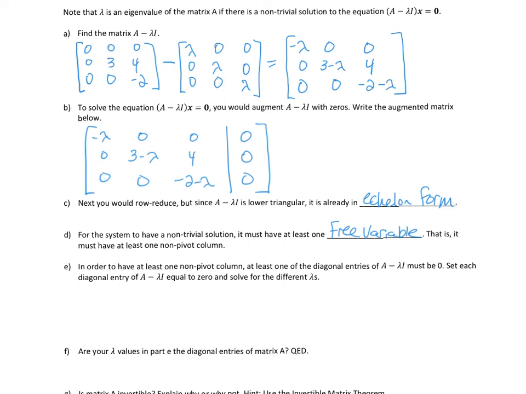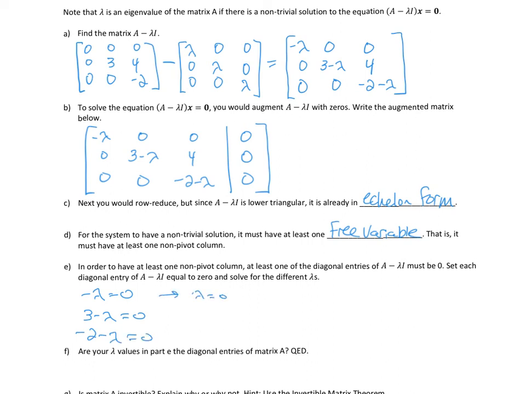So I'm going to set each diagonal entry of A minus lambda I equal to 0 and solve for the different lambdas. So I've got negative lambda equals 0, 3 minus lambda equals 0, or -2 minus lambda equals 0.